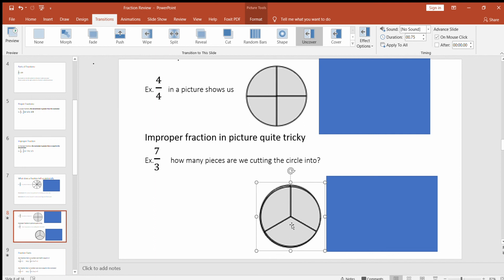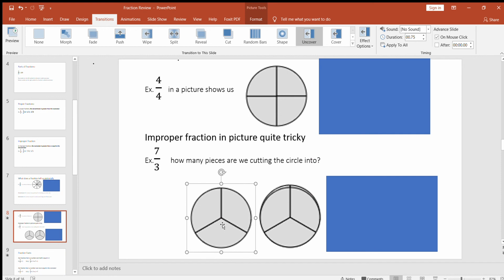You might be tempted to cut the pizza into 4 because that's how many pieces we need, but that's an incorrect way of thinking, because again the denominator always tells us that we're going to cut the pizza no matter what into 3 slices. So our second pizza will be cut into 3 slices also.